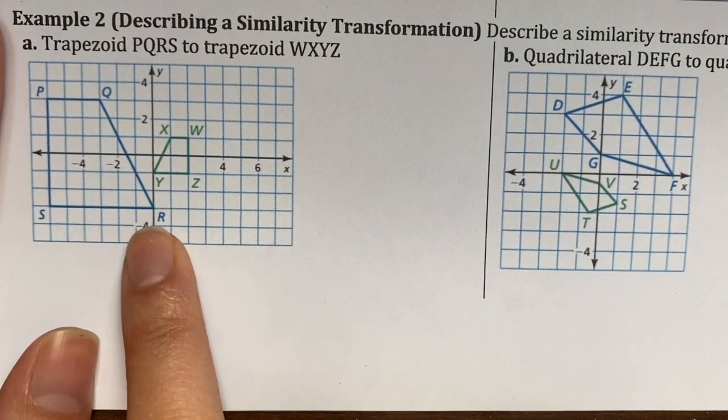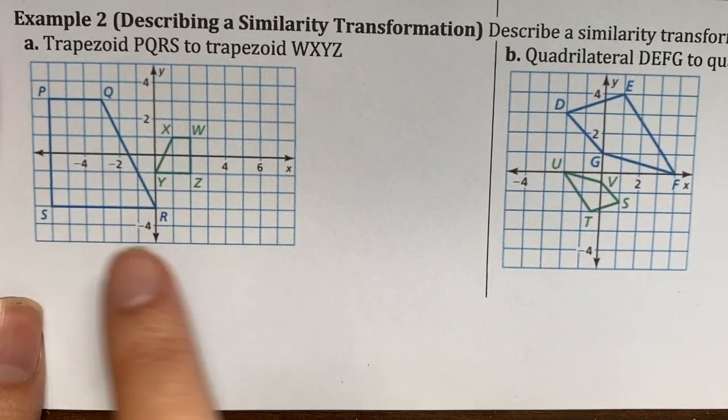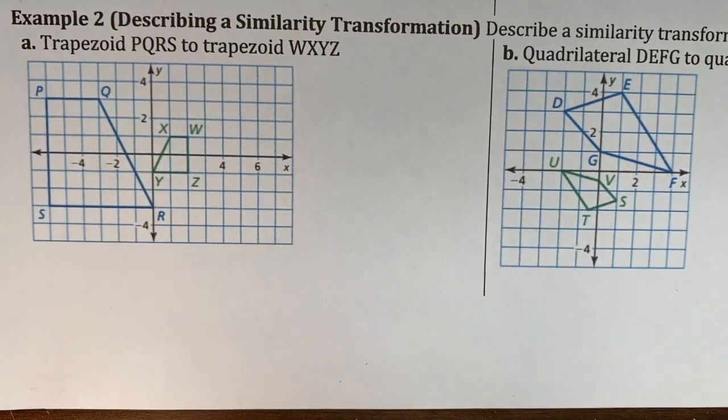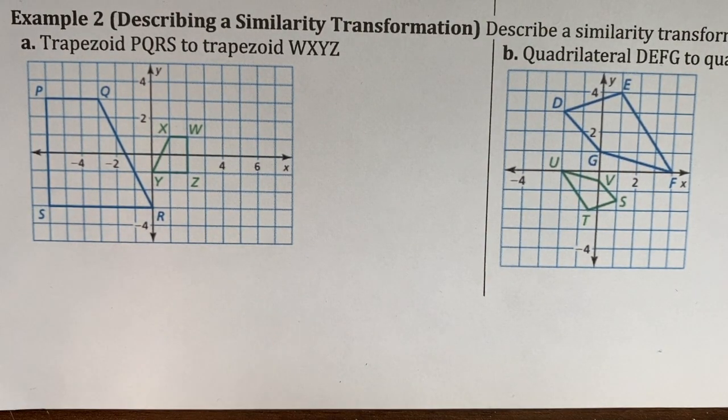So we want to describe transformations that will make PQRS overlap with WXYZ. There's a few ways that you can do this. You can either perform the dilation first, and then transform it so that it is in the right position, or you can do the reverse. That's usually my preference. I usually prefer to transform it so that it's on the right side of the graph, and then perform the dilation after. So that's what I'm going to do.